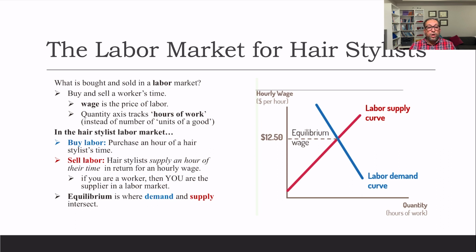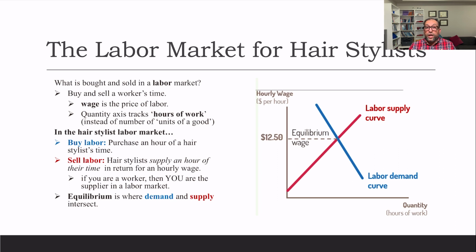So what is bought and sold in a labor market? Workers' time. The labor market deals with the workers' time per hour: how many hours the worker is selling and how many hours the employer or the firms are buying.